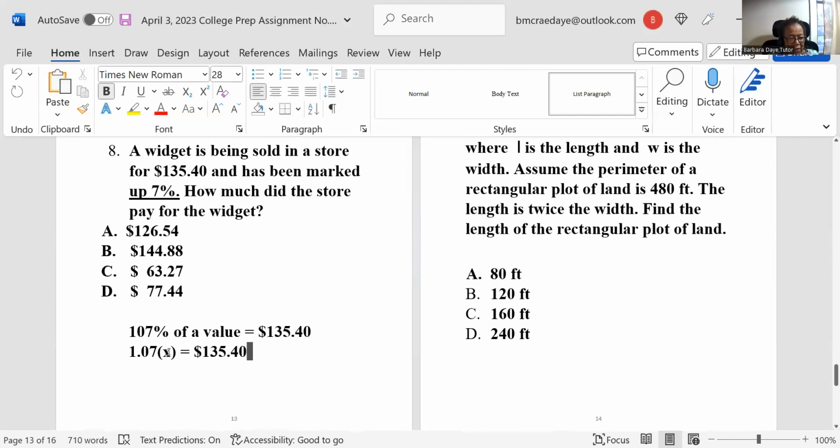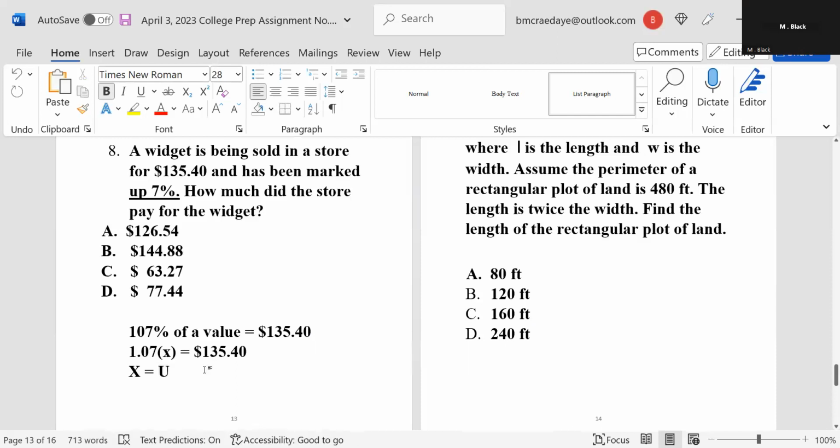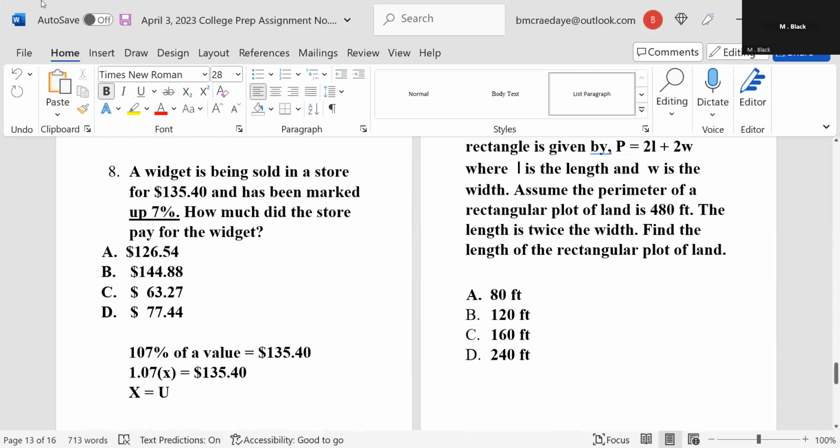Divide 1.07X by 1.07, and divide the right side by 1.07. And what do you get? X would be equal to, and that would be your answer, 135.40 divided by 1.07. And what did you get, Mercedes? I put in 1.07 first.